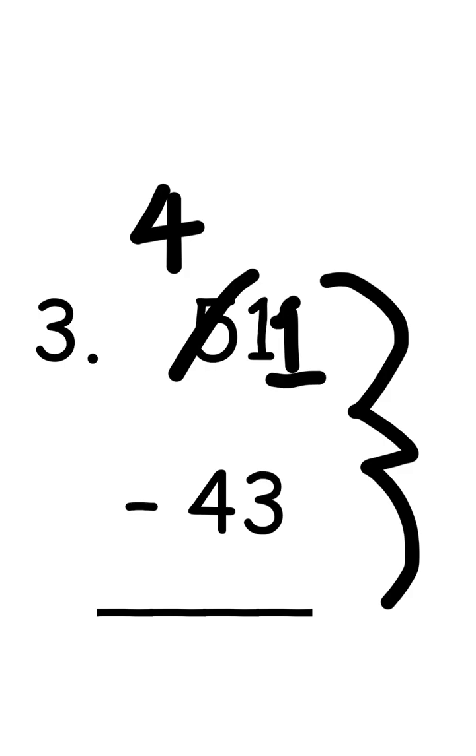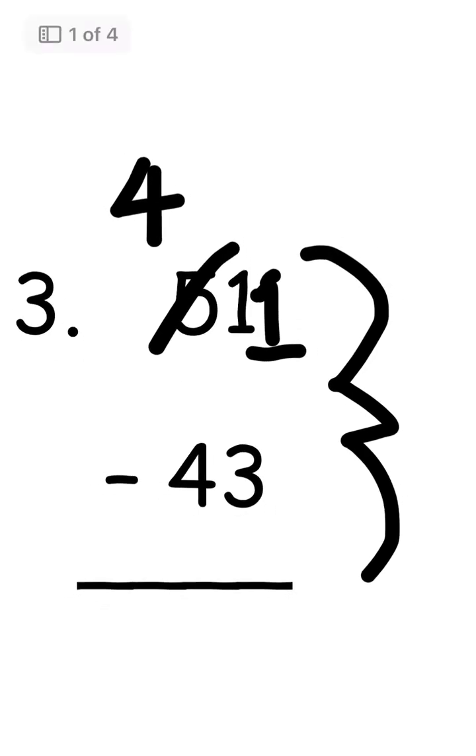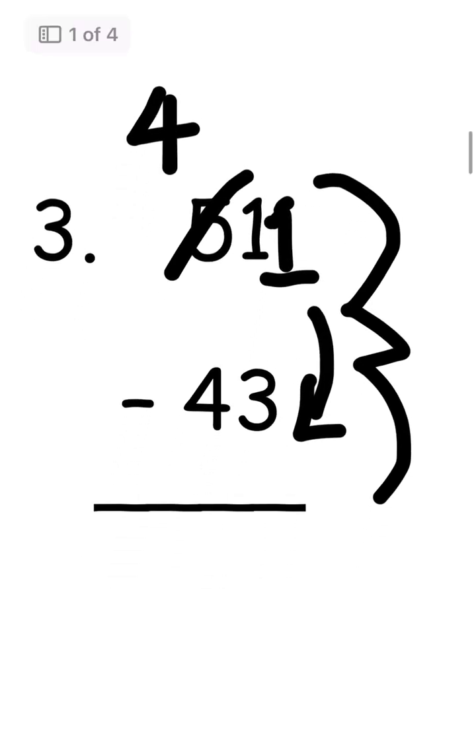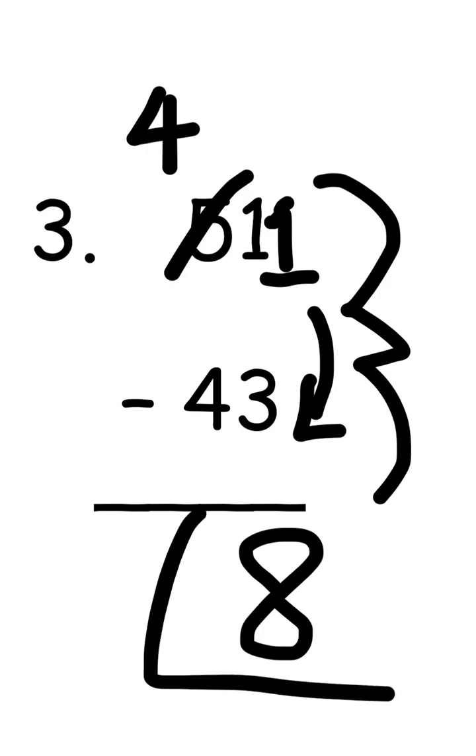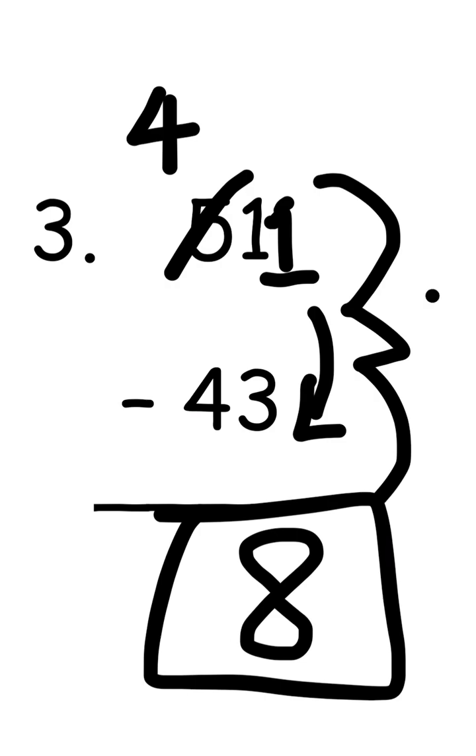So 11 minus 3 is 8. And then we have to subtract 4 and 4. So 4 minus 4 is 0. So 8 is the answer for number 3.